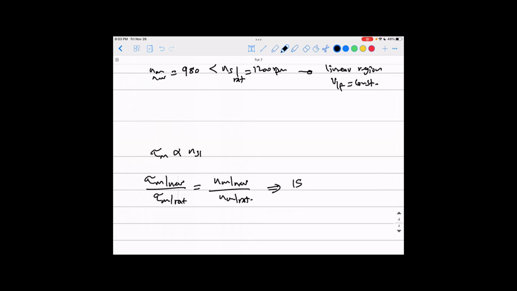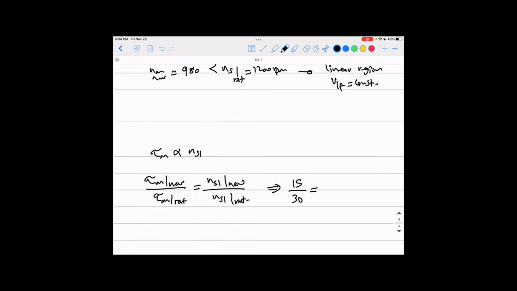The new torque is 15 Newton meter compared to the rated one, which is 30, will equal, sorry, that's not the mechanical speed, it's the slip speed, okay? That is N slip new over N slip rated.